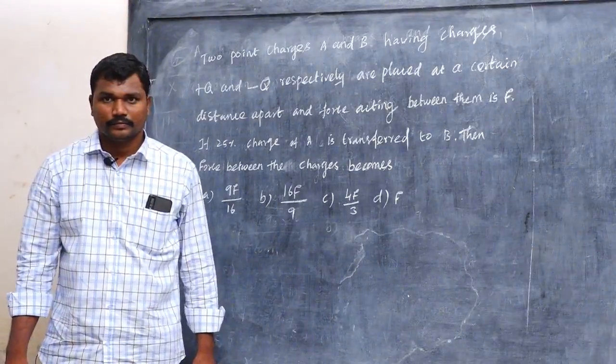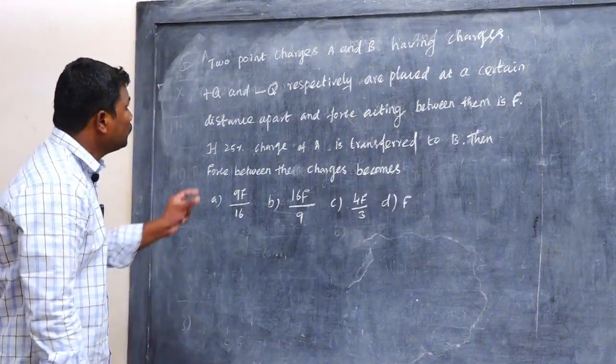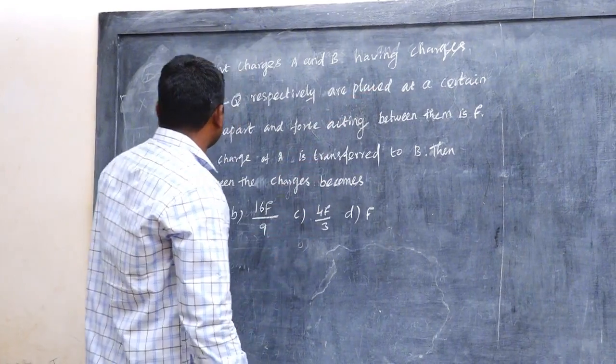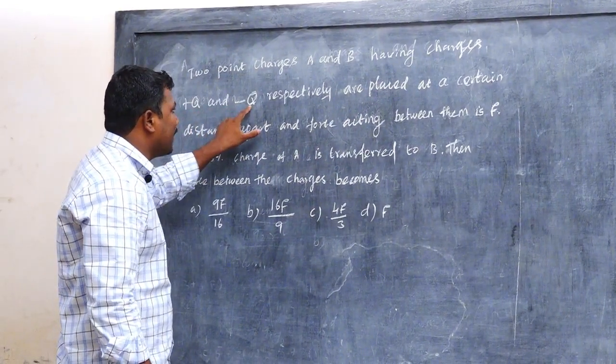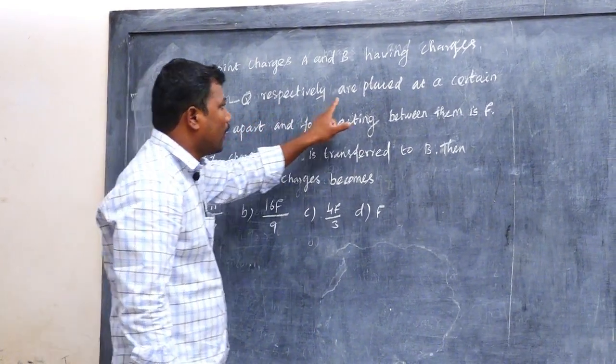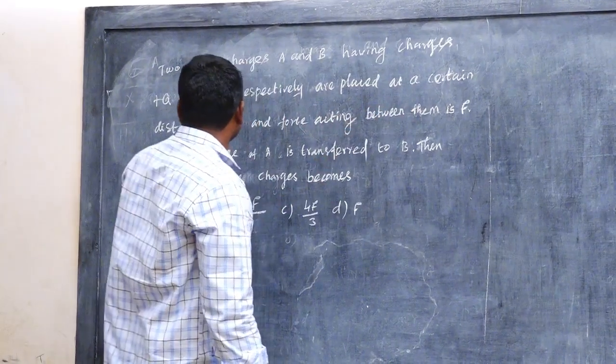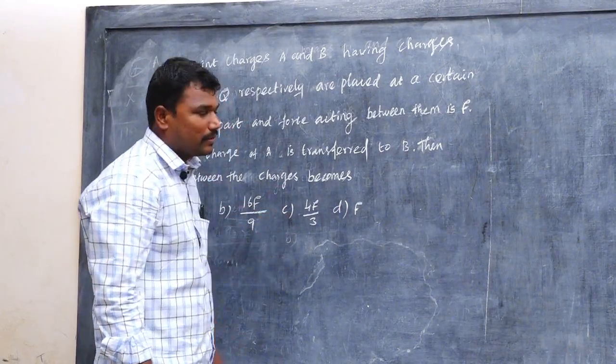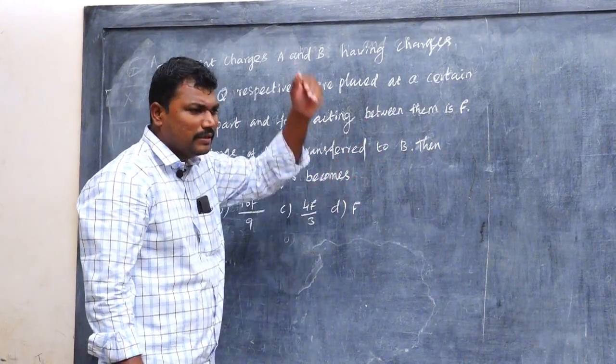In this problem, 2 point charges A and B having charges plus q and minus q respectively are placed at a certain distance apart. The distance symbol is not mentioned, so you have to take another symbol.